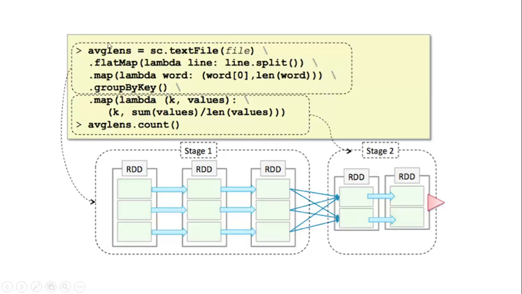You have created an RDD by reading in a text file, and then you apply this flat map function to each row of the RDD. What this flat map does is split up each line into words, and then you apply the map function, which takes each word and generates key value pairs. So that is stage one.